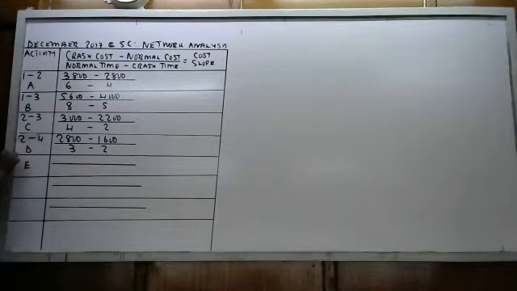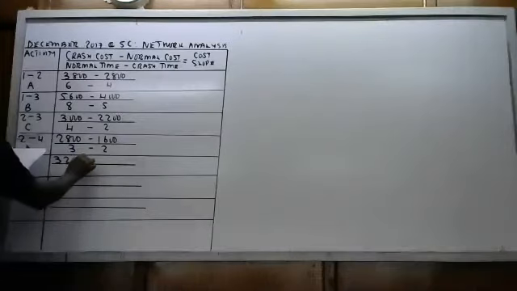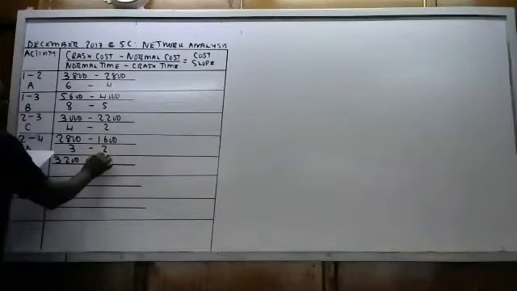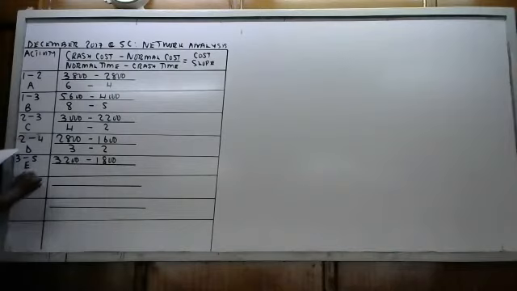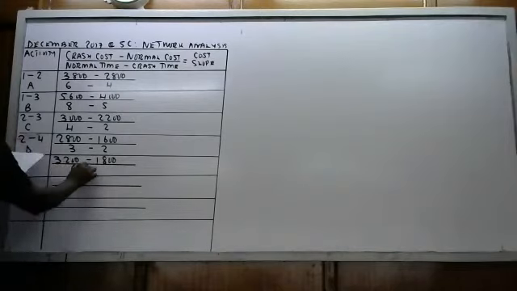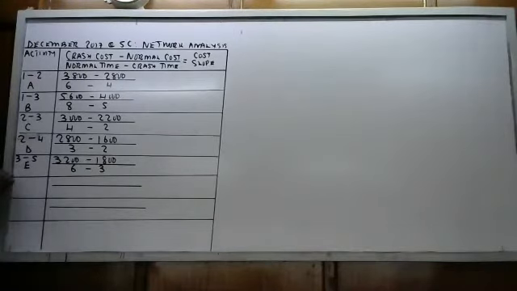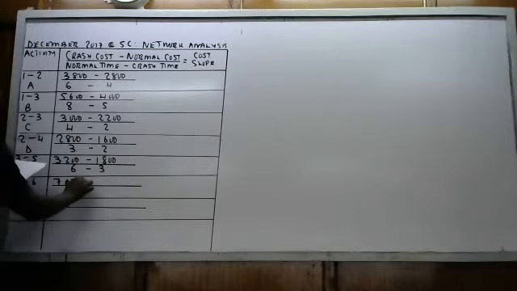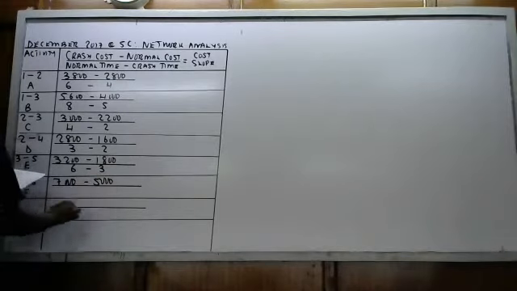Then E, which is 3 to 5, equal to 3,200 and 1,800. Then this is 6 to 3. Then 4 to 6, that is F. We have 7,000 minus 5,000.